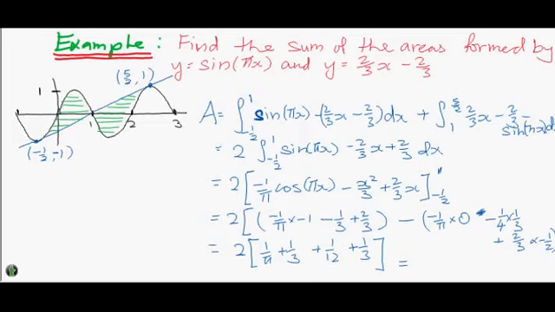So you get 2 times the bracket, 1 on pi plus 3/4, which you can simplify if you like to 2 on pi plus 3 on 2. There you go. And that is the sum of the areas. Oh, sorry, I realized 3 on 2 is off the page, but you know what I mean.